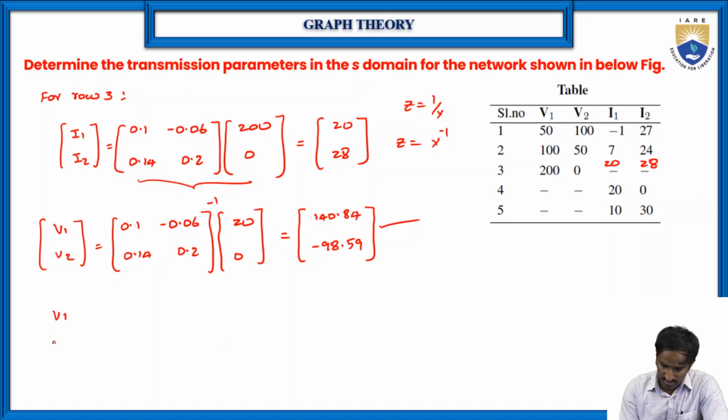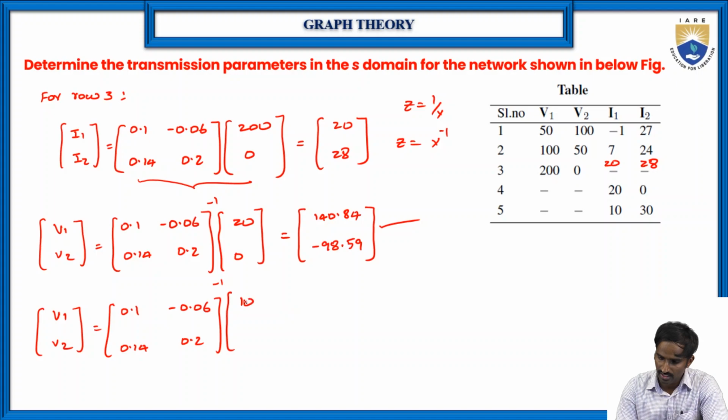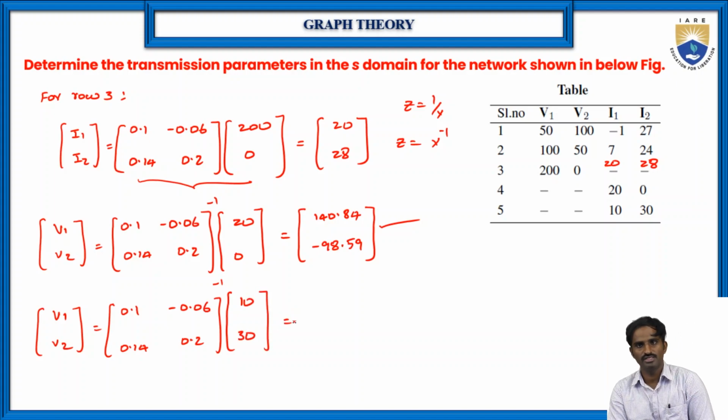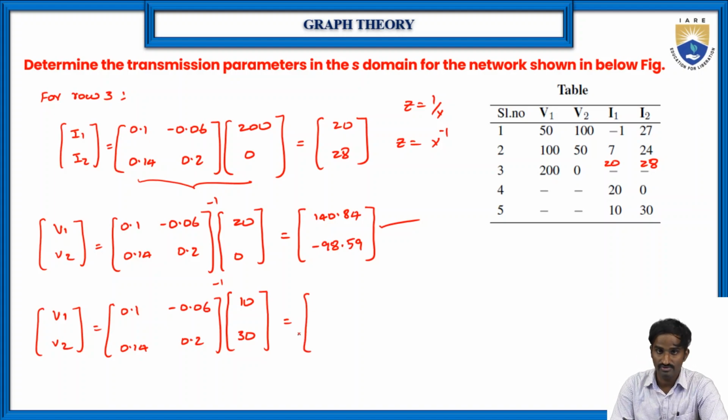Then in the second case also the same way. Here V1 and V2 is equal to 0.1 and minus 0.06 and 0.14 and 0.2 inverse, and now here I1, I2 are 10 and 30, right? Again the same way, if you multiply these two matrices, then you will get the result, which are V1 and V2.